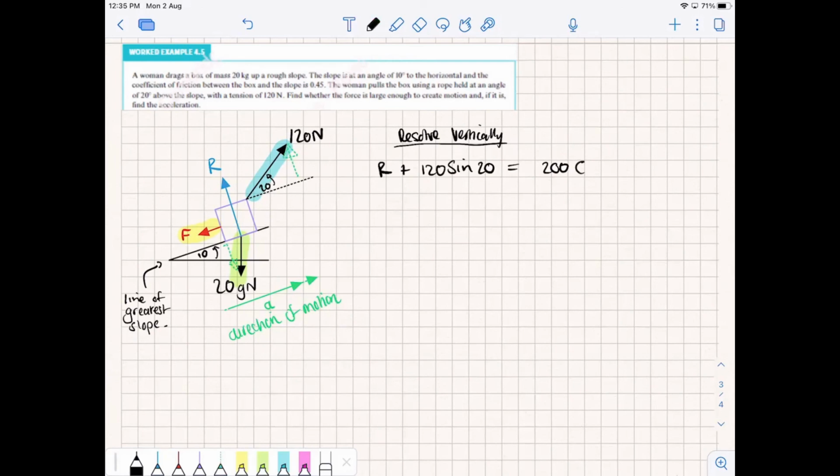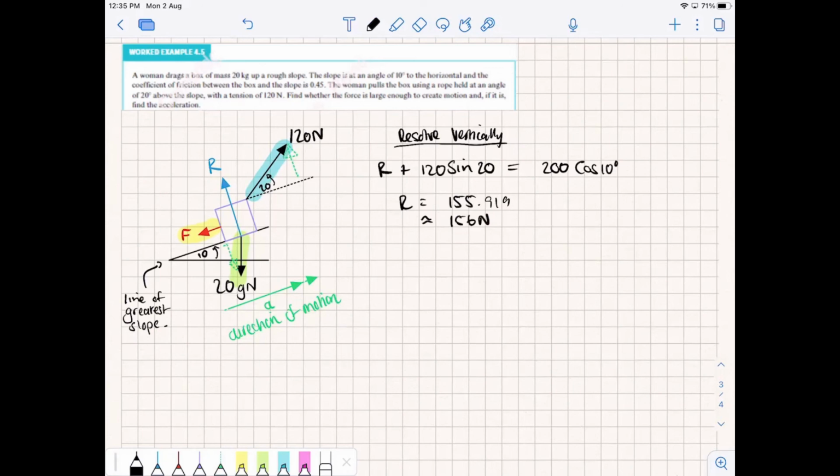That looks like it's going to be cos of 10 degrees. Right, and here we can just solve for the normal contact. So we'll take 200 cos 10 minus 120 sine 20, and we get 155.919, which we can round to three significant figures of 156.